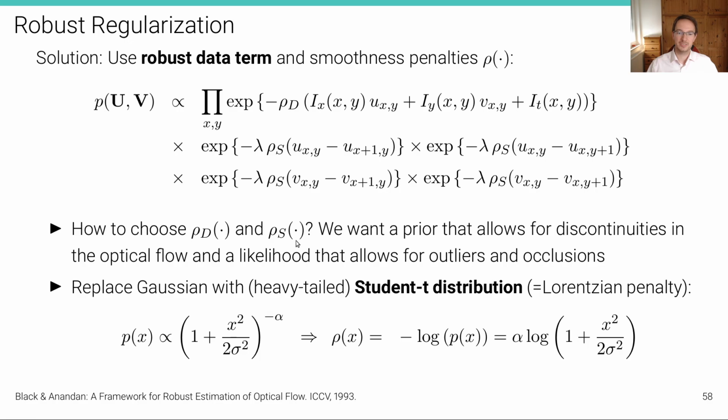If we choose rho d and rho s as this expression, then the distributions that we have assumed for the Gibbs distribution are Student-t distributions instead of the Gaussian distributions that we would have assumed if we used a quadratic penalty.